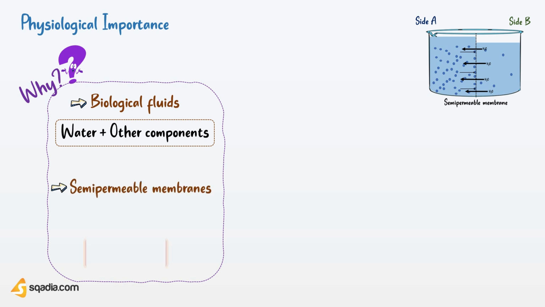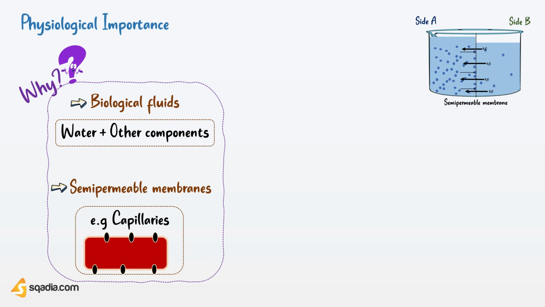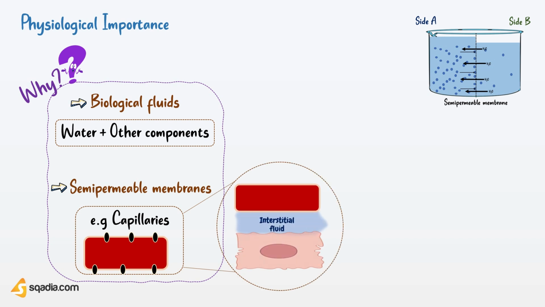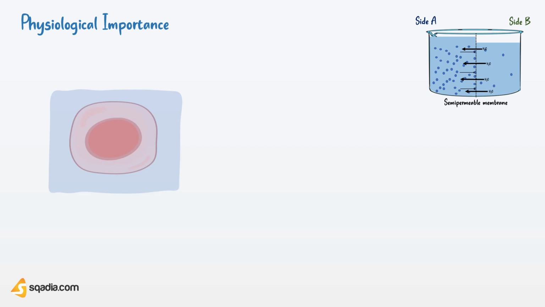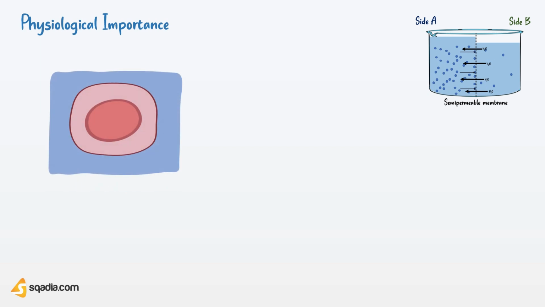Also, many biological membranes are semipermeable, which leads to different physiological effects. Just as a capillary wall is semipermeable, that creates the same exact environment at the tissue level, as we explained above. And either material will move out or in the capillary also depends on this phenomenon of osmosis. But all these things happen under a physiological range, maintaining a balance between inward and outward movement of fluid, so that normal physiological functions do not get disturbed.